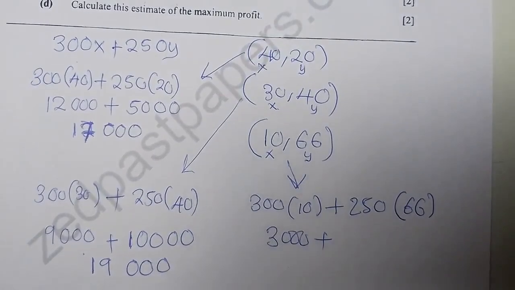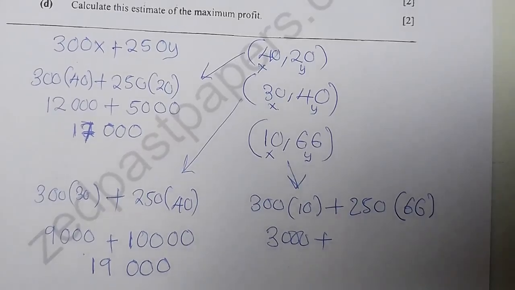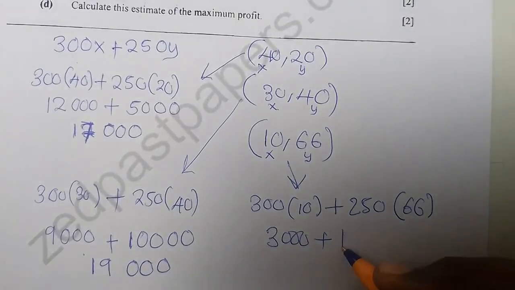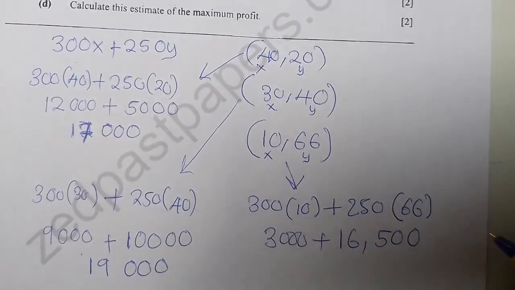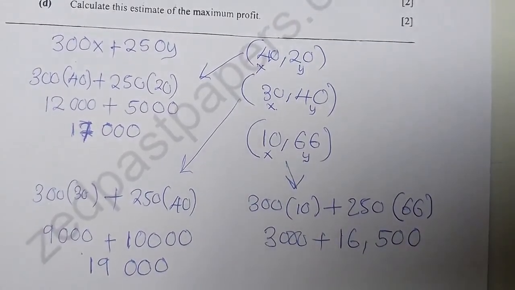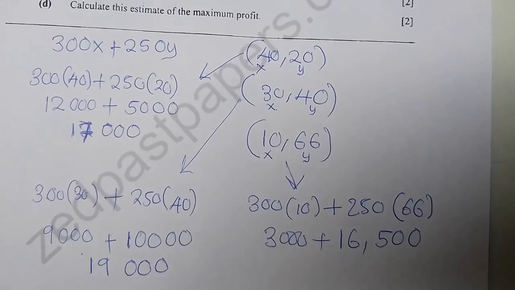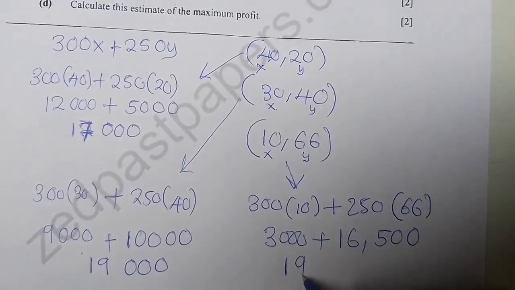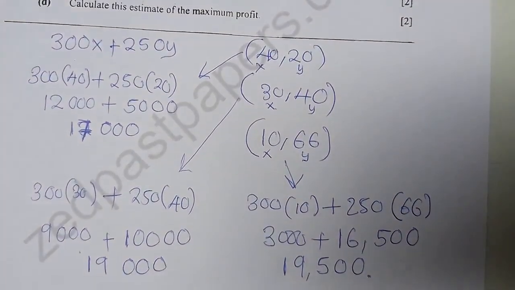When I say 250 times 66, what am I getting? I'm getting 16,500. So when I add that one plus 3,000, what is the answer? The answer I'm getting is 19,500.